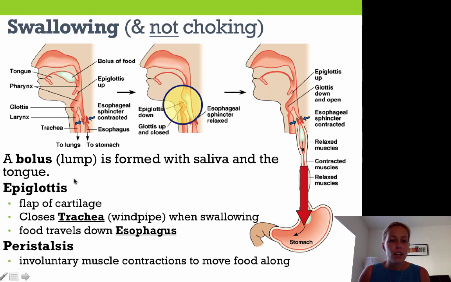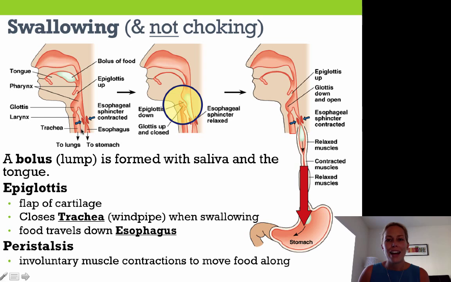And a very important, I guess you would call it an organ, or a flap of cartilage, I should say, the epiglottis is there in order to close your trachea. It's a flap of cartilage that's designed to close off the trachea, your windpipe, when you're swallowing, so that your food goes down your esophagus and doesn't travel down your trachea to your lungs.